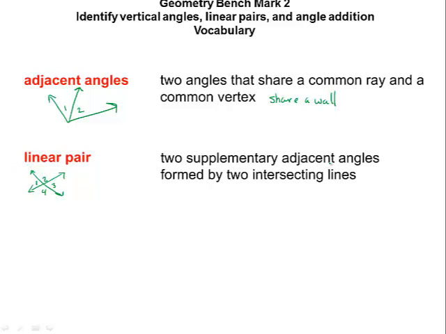So in this picture, 1 and 2 make a linear pair, 2 and 3 make a linear pair, 3 and 4 make a linear pair, and 4 and 1 make a linear pair. So any two angles that can form one of the straight lines. Or you can have a line and a ray. So 5 and 6 are also a linear pair.